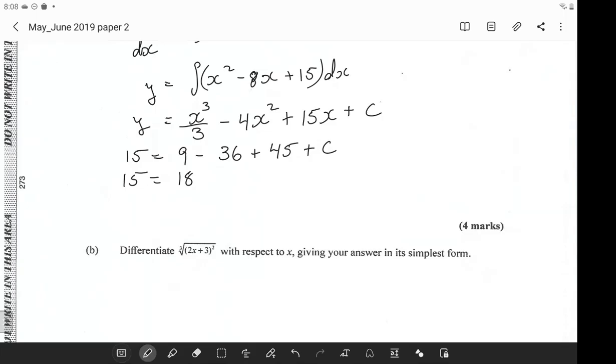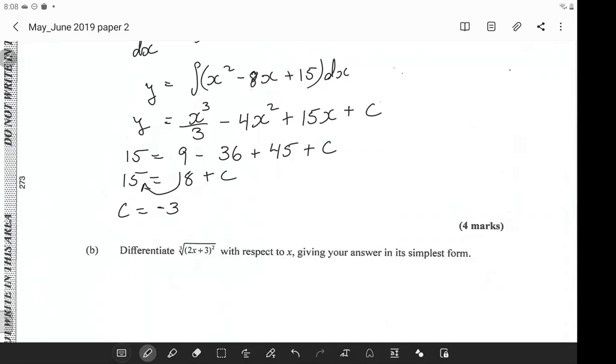All right, let's just make sure that I didn't make any arithmetic errors here. Right, no, that is exactly 18, plus c. And then we could solve for c. So we get that c is equal to -3.